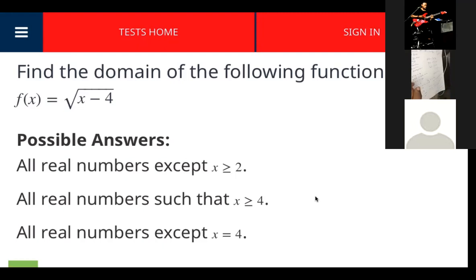And then all real numbers except 4. Now, this comes in because of the controversy about the square root of 0. Because the square root of 0 is 0. I mean, nothing is nothing. So the square root of 0 is 0. It is a tangible number.